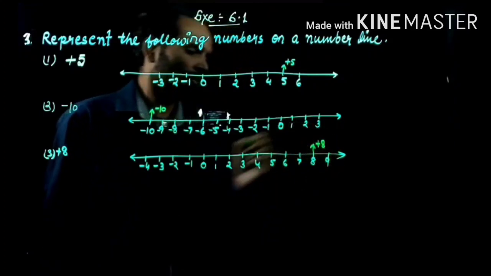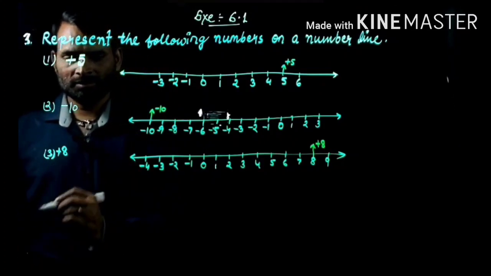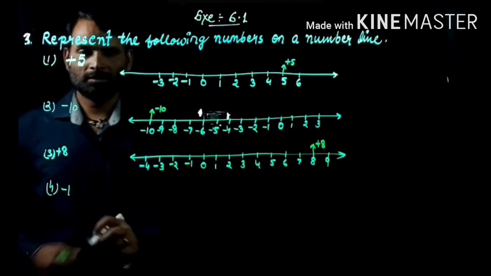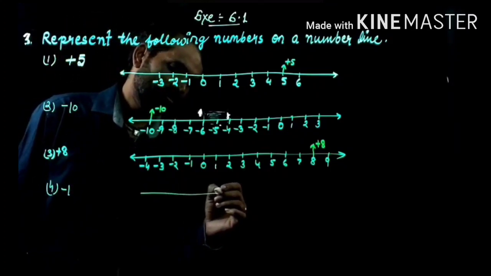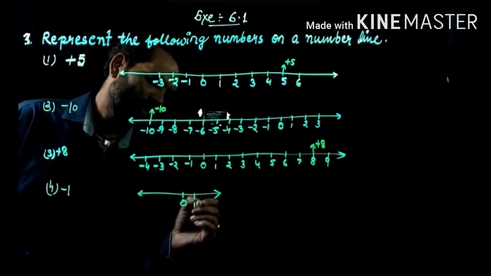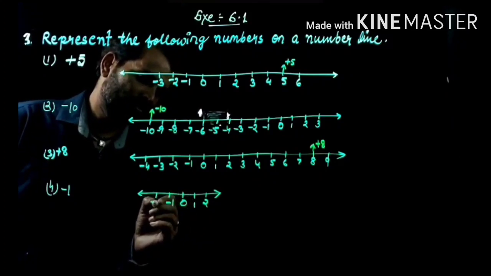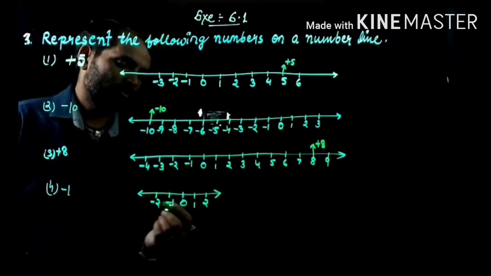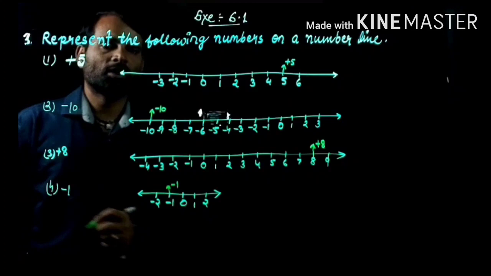Okay, and next, the fourth is -1. You draw a small number line, with 0 in the middle, then 1, 2. The first number before 0 is -1, so you write -1.